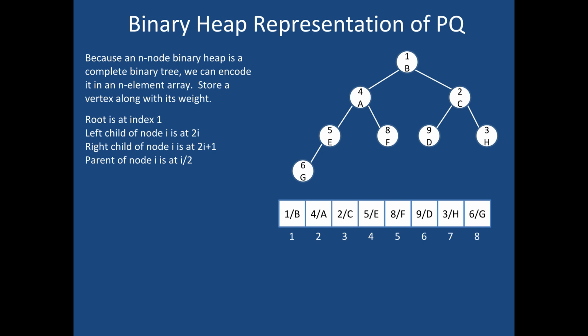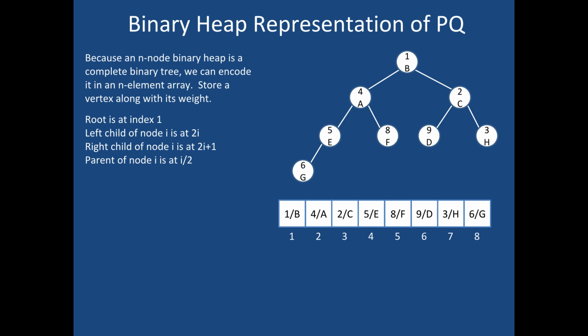When you want to find the left child of a vertex, at what index would it be stored? Let's say that vertex at index 2, which is A, where will you find its left child in the array? Not the next step. What is the left child of A? 2 times the index.